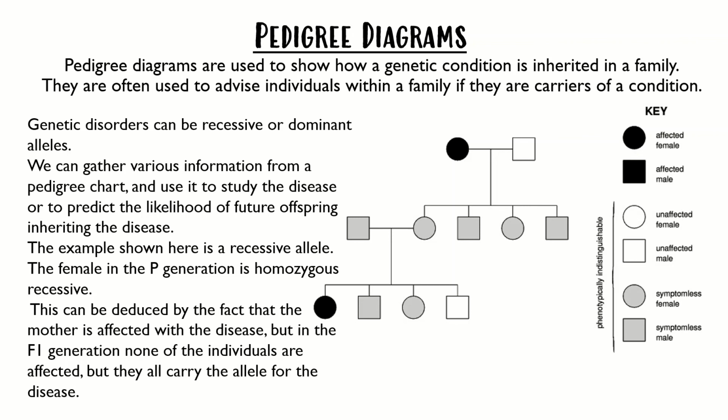The female is homozygous recessive. In other words, that original female at the top of the pedigree diagram has two recessive alleles for the disorder, so she has this genetic disorder. We can deduce this by the fact that the mother is affected, but no one in the F1 generation, the second generation, is affected, but they all carry the allele for the disease.